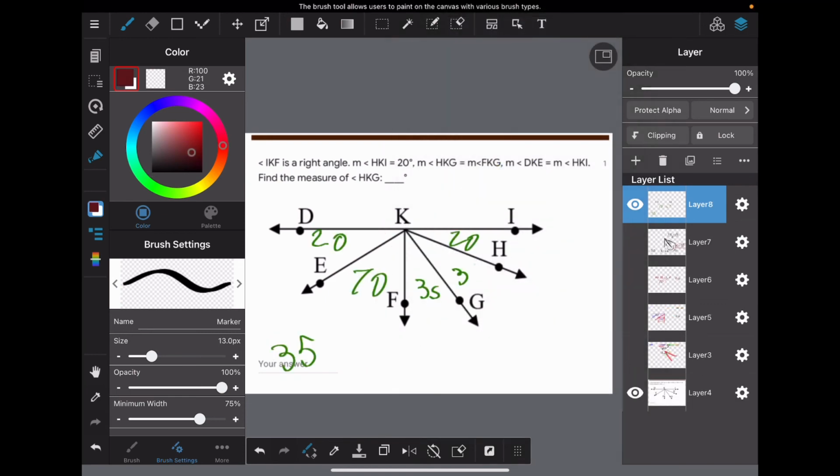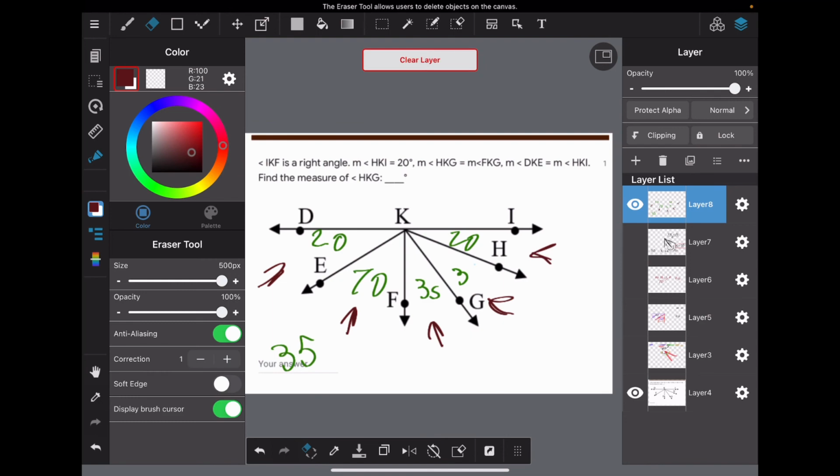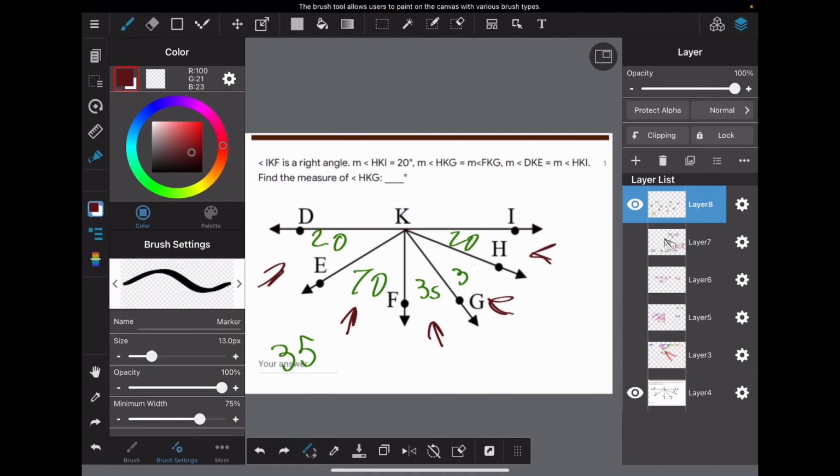How can we check our answer? Let's try. We've now found the measures of all our individual angles. We also remember from the beginning that a line, like this one, equals 180 degrees. So to check our answer, we can add up all the individual angle measures and see if they add up to 180.